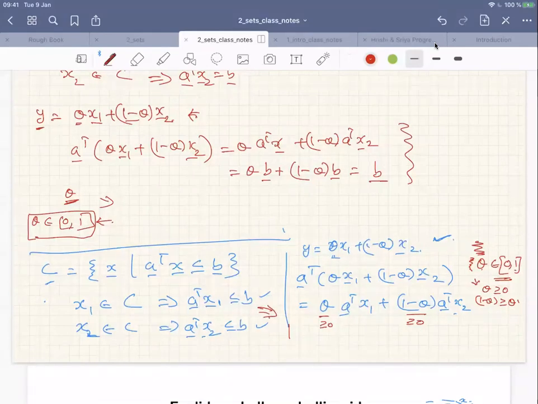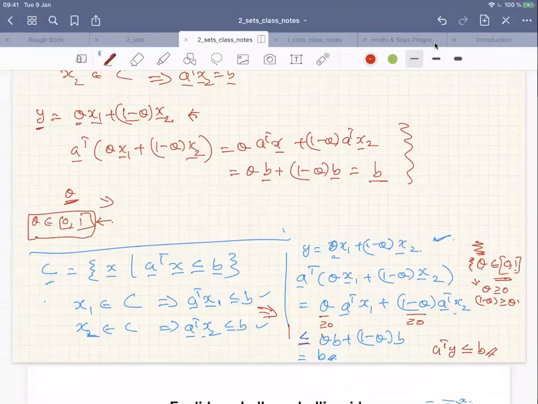Then we can write that this is less than or equal to theta b plus 1 minus theta into b, which is equal to b. So A transpose y, the third point, is less than or equal to b.